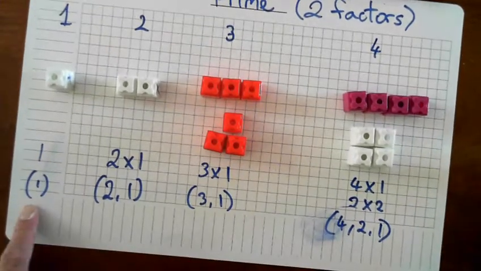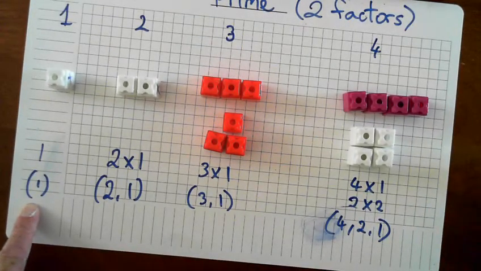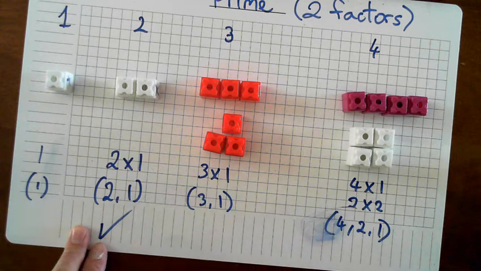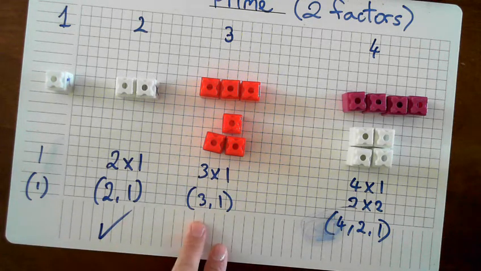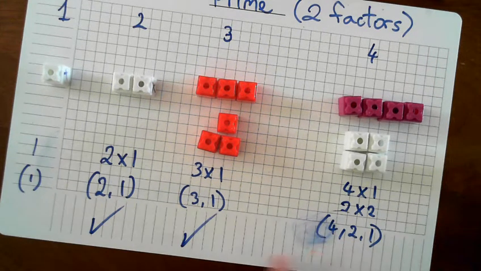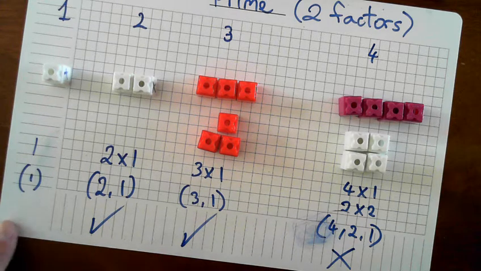Okay? 1 has only 1 factor, 1 number that divides into it. 2 has 2 factors. It's prime. 3 has 2 factors. It's prime. Number 4 has 3 factors. Not prime.